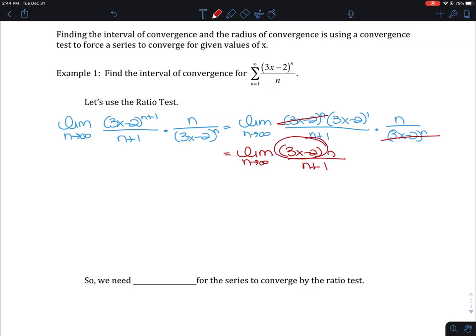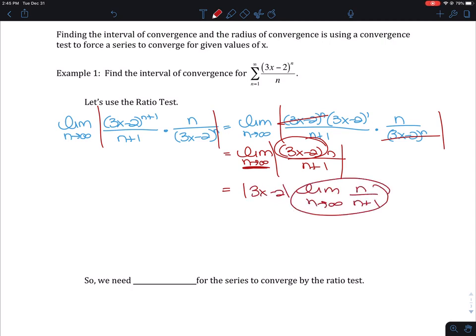This 3x minus 2 has nothing to do with this limit because this limit only involves n. So I can pull it out, and I should have put absolute value around it. So the absolute value of 3x minus 2 times the limit as n approaches infinity of n over n plus 1. This limit goes to 1.